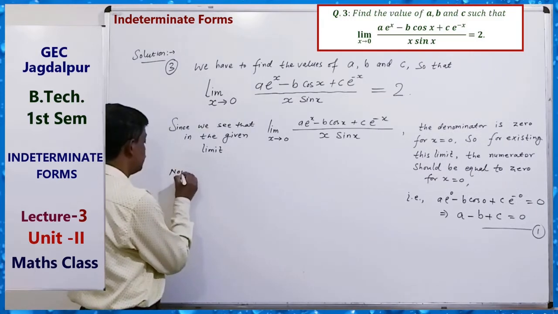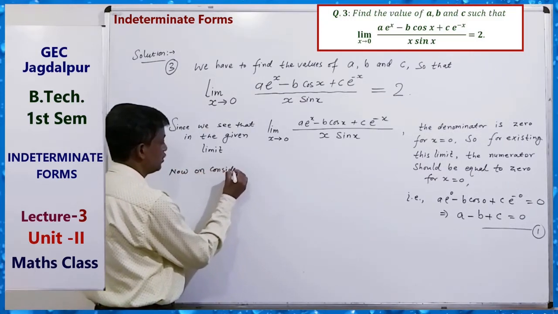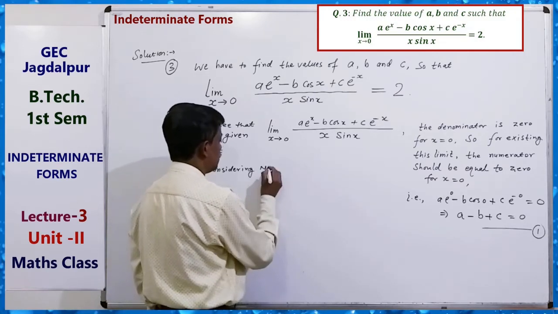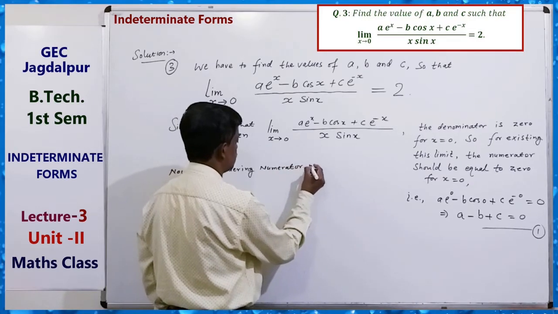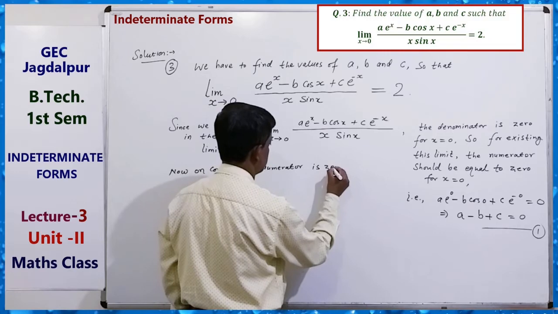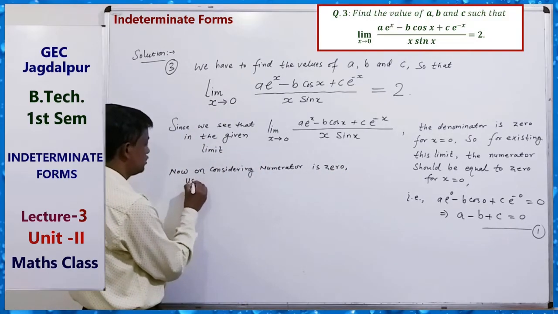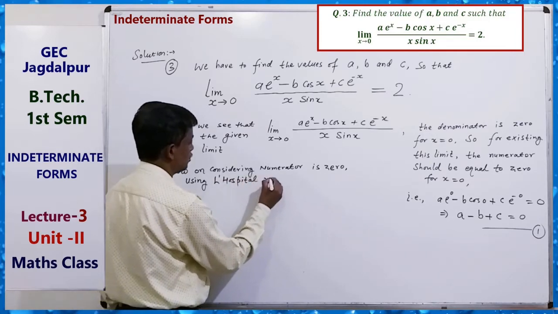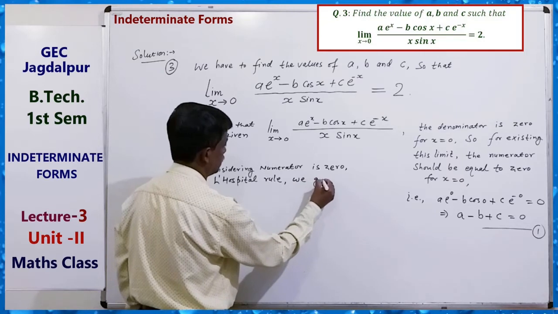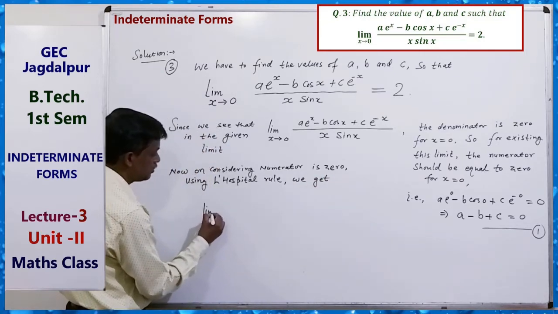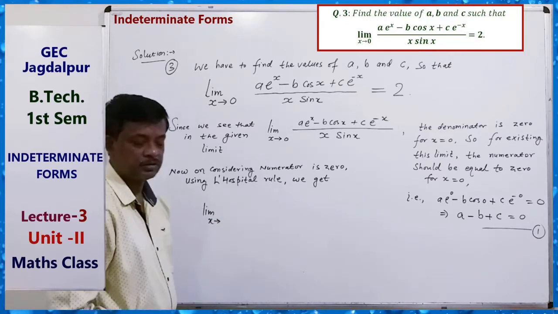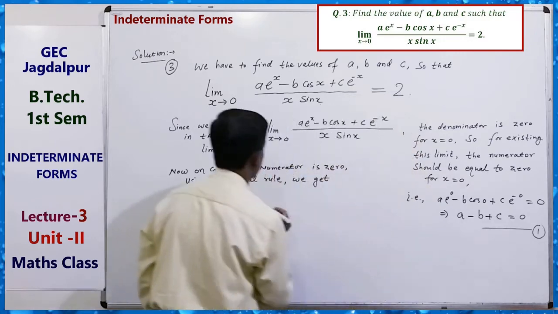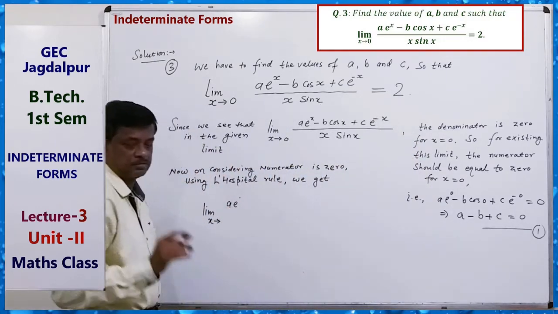Now, considering the numerator is 0, using L'Hospital rule we get the limit as x tending to 0.